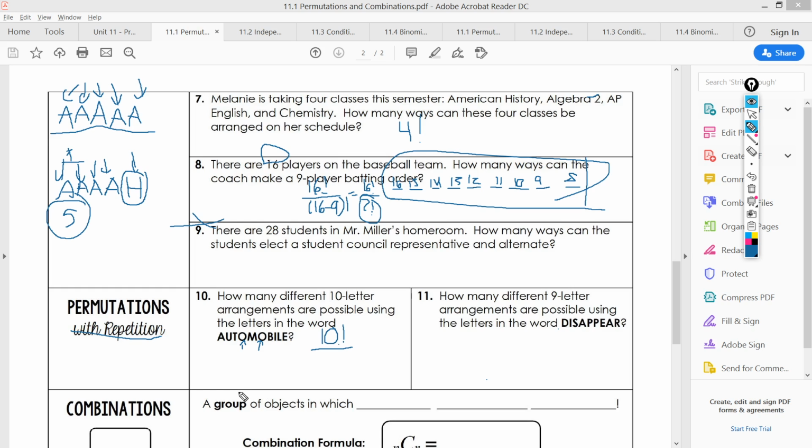So what we say is, how many duplicates are there? With every combination where I write automobile, but I flip the letters around, there'd be 2 O's that could be flipped, and it doesn't make a difference.